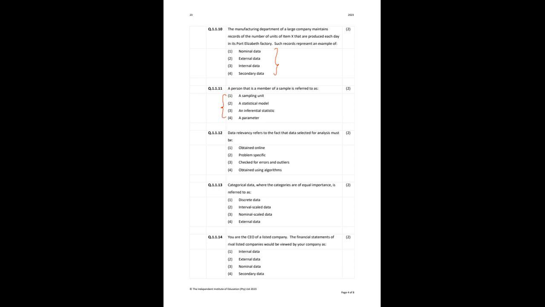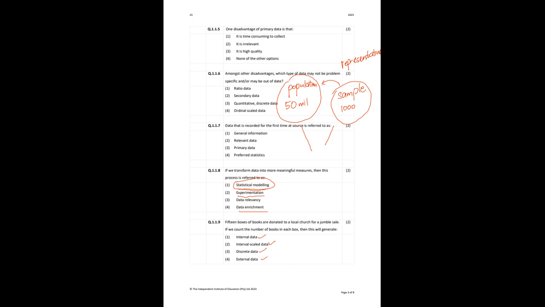Then you have your inferential statistics. Now, inferential statistics leads back to what I had drawn up on the previous page. So, inferential statistics is where you have an entire population and a sample which you drew from the population. And remember, we said because you cannot get to all 50 million data values or all 50 million people, you just draw 1,000 people and you base your information on those 1,000 people or those 1,000 data values.